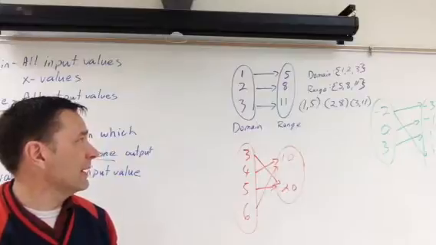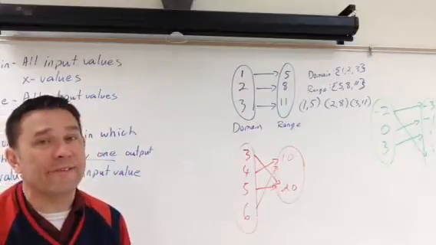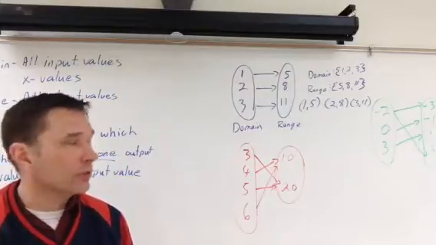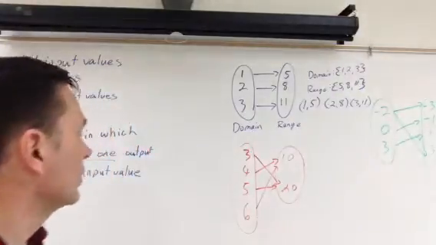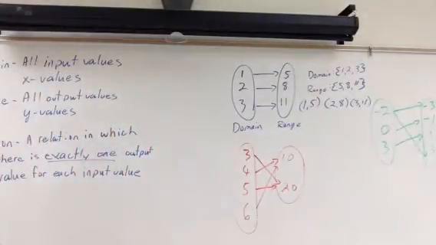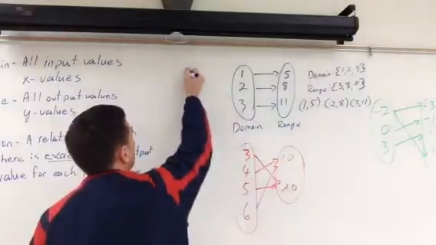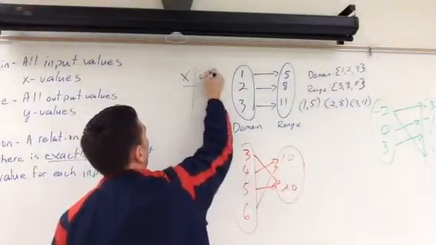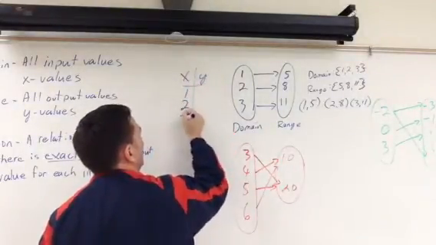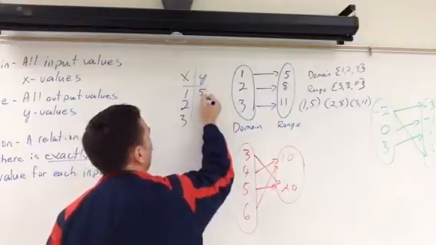Now, the last thing we're going to talk about is: is this a function? Looking at this mapping and these ordered pairs, we could also express this as a table: 1, 2, 3, and it goes to 5, 8, 11.